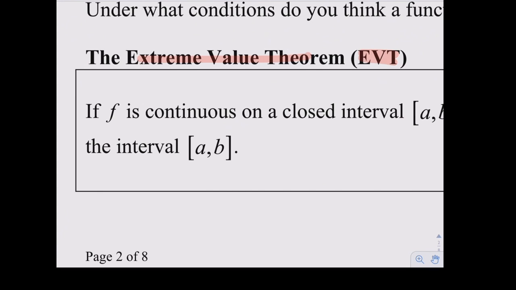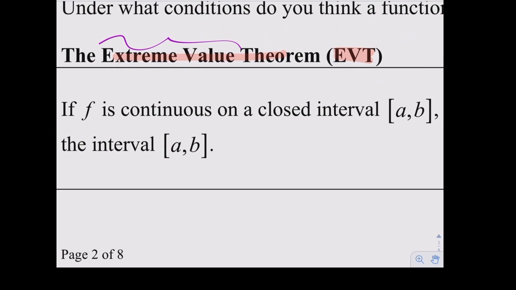Okay? This one is the extreme value theorem, and it gives you the necessary conditions under which you are guaranteed, guess what? Both an absolute max and an absolute min, both of which we call extreme values. Okay? Here's what it says. If f is continuous on a closed interval, that's all we need. Wasn't it the same if part as the IVT? It was the same if part.